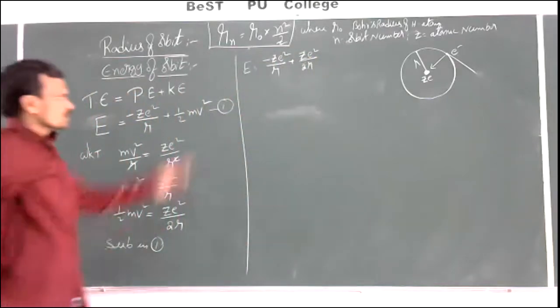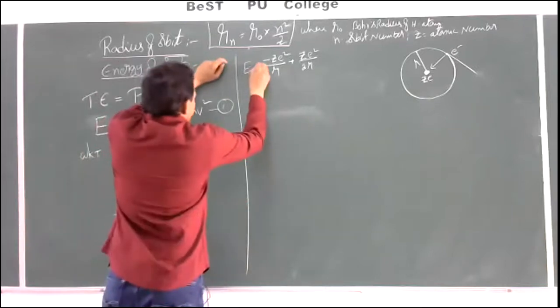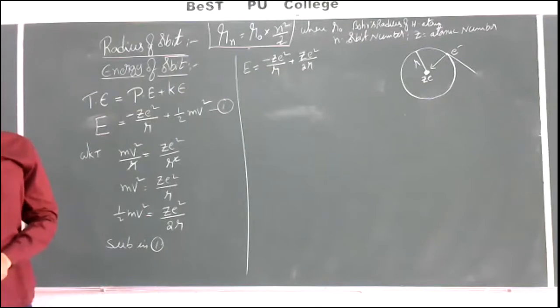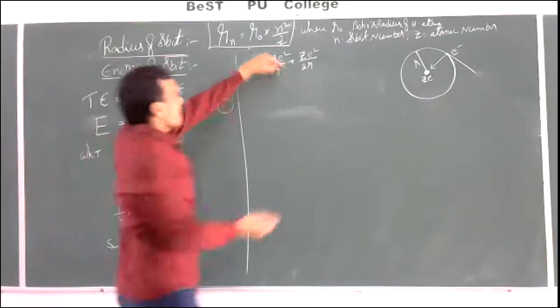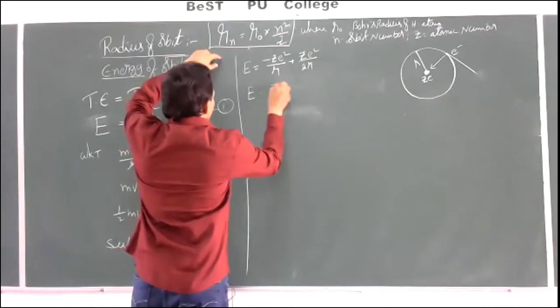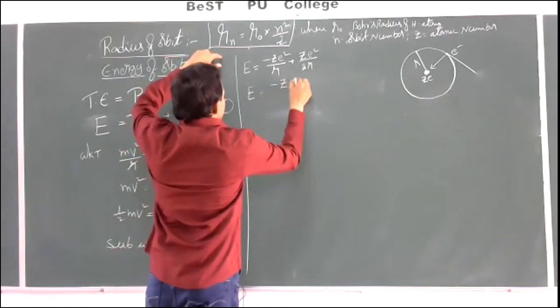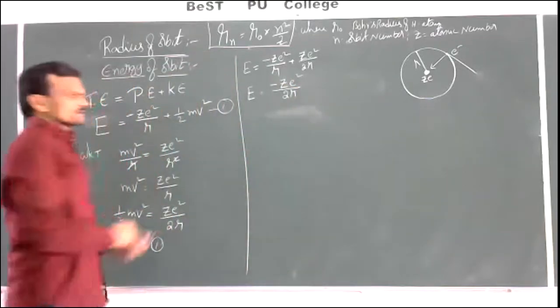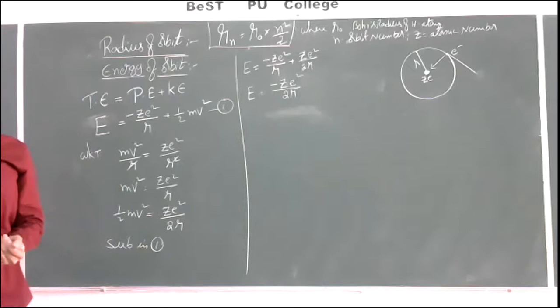So the total energy is equal to minus Ze square by r plus Ze square by 2r. Now, if you add these two, then we get total energy E is equal to minus Ze square by 2r.